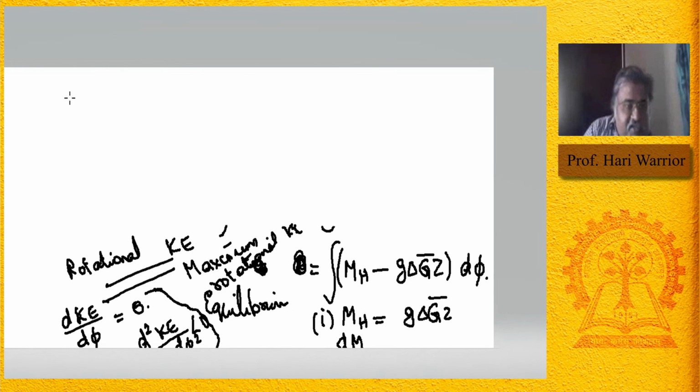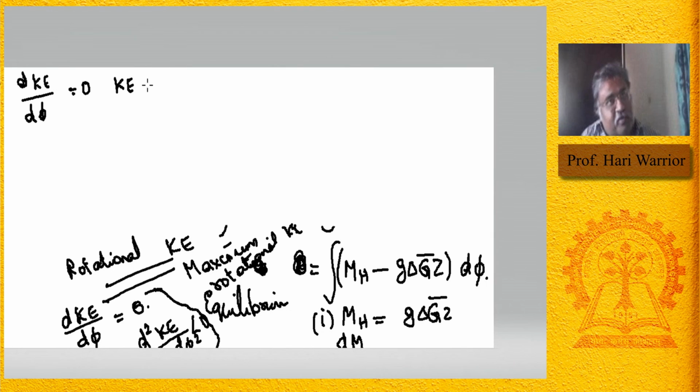So the first condition, which said dKE by d phi equal to 0, implies that the kinetic energy is maximum when dKE by d phi equals 0. Kinetic energy is maximum or minimum when dKE by d phi equals 0, and it is a maximum when d squared KE by d phi squared is less than 0.